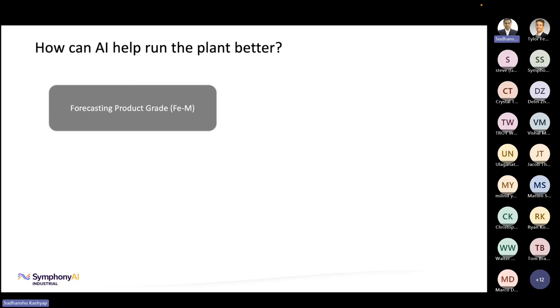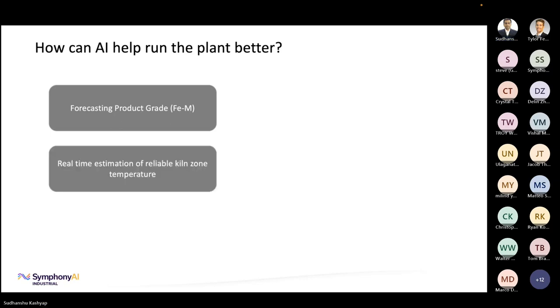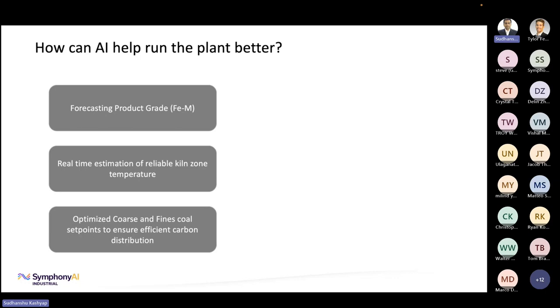The operator can take action to improve the reduction at the rear end of the kiln by controlling the coal injection. And we talked about NRTs not being very reliable, so you could have an AI or ML model which could estimate the reliable kiln zone temperature, which is very important for the whole operation.